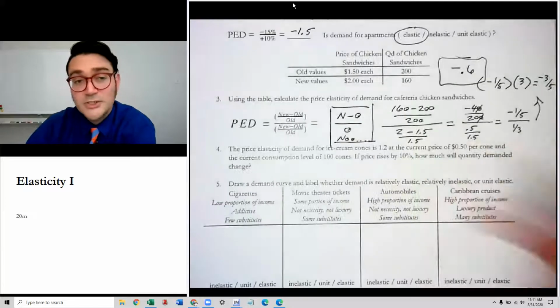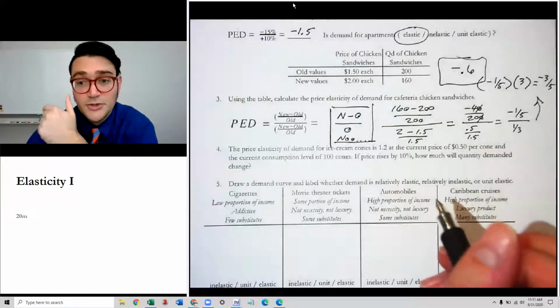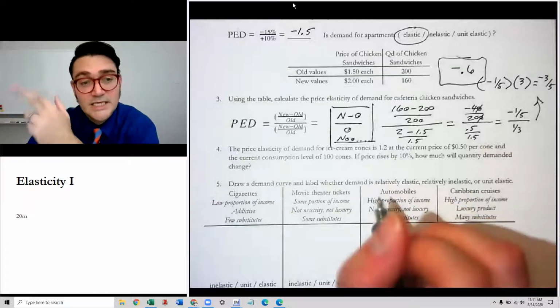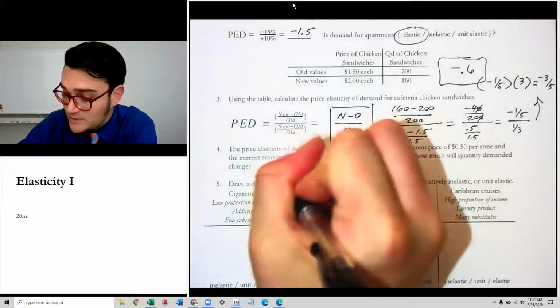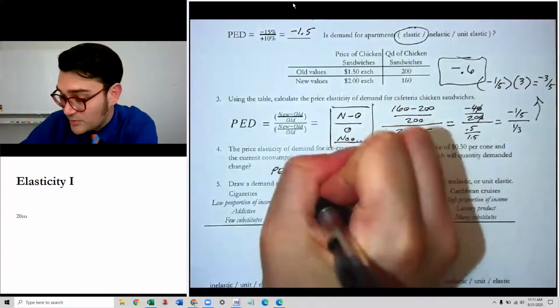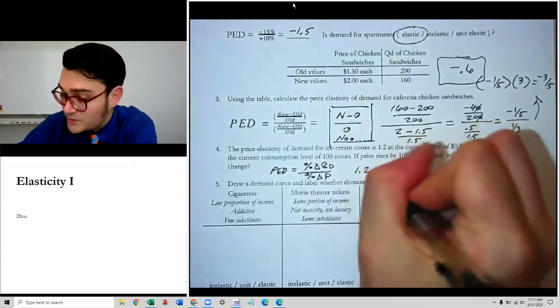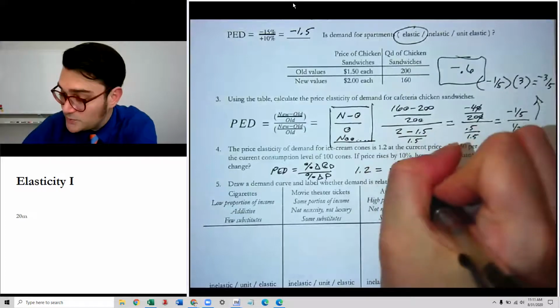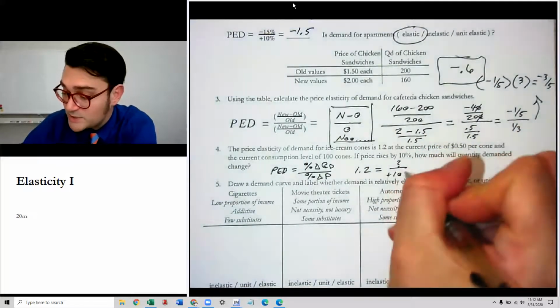So this one is actually, you're given two of the three variables, right? You're given PED in this case, you're given the percent change in price, and it's asking you how much does quantity demanded change. So we know PED is equal to percent change in quantity demanded over percent change in price. And this is telling us 1.2 is equal to some percent change in quantity over positive 10%.